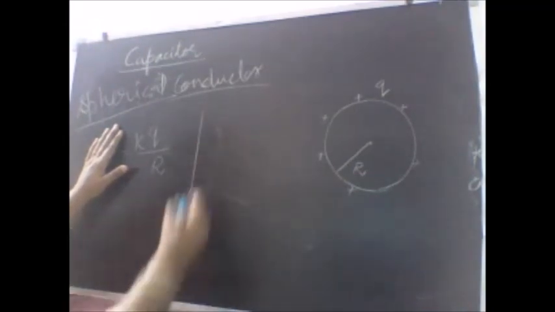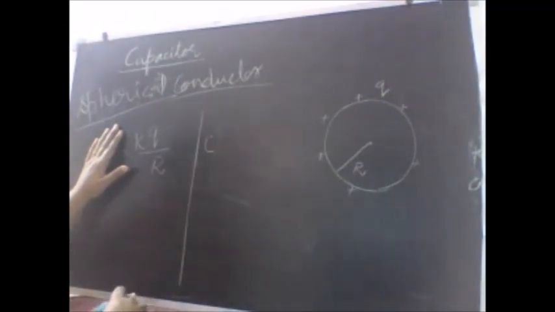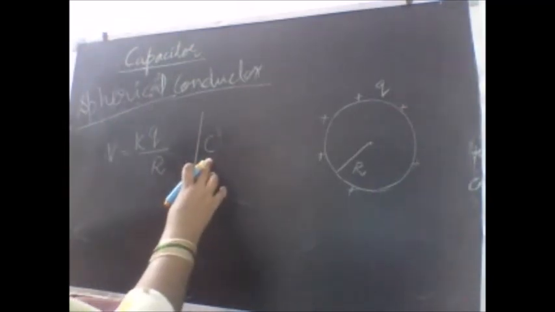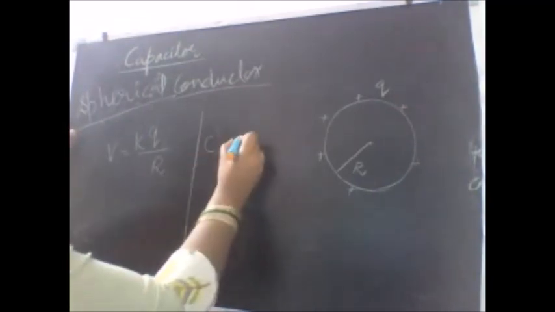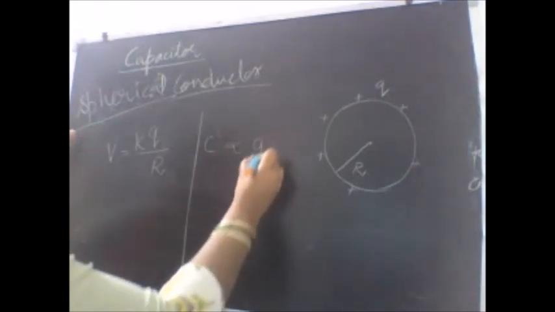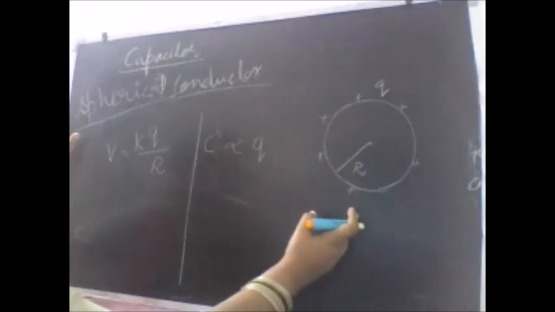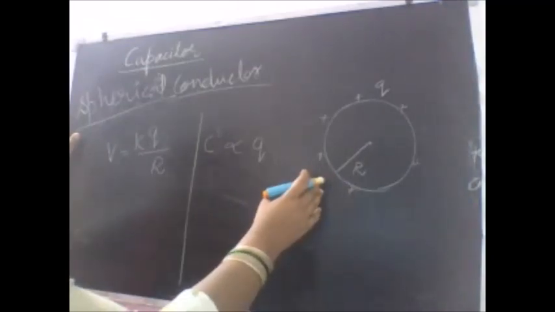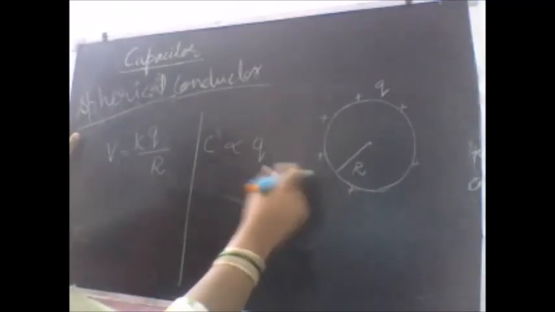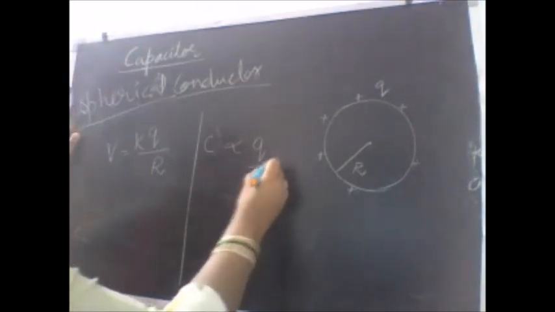So capacitance is the capacity to hold charge or to store energy, and we denote that by C. It is clear that this is proportional to the charge Q. If more and more charge is deposited over the surface, its capacity is increasing, but that capacity should increase at a constant V.